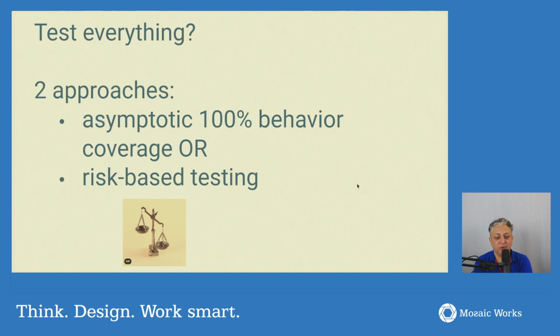So when we talk about risk-based, we also need some threat-based testing, because there are things that you might need to test, like the configuration files, for security and not necessarily for making sure that the things work. So I would still prefer the asymptotic 100% behavior coverage.